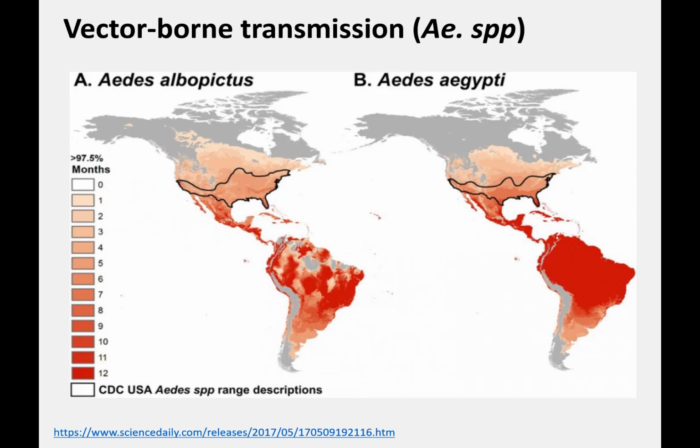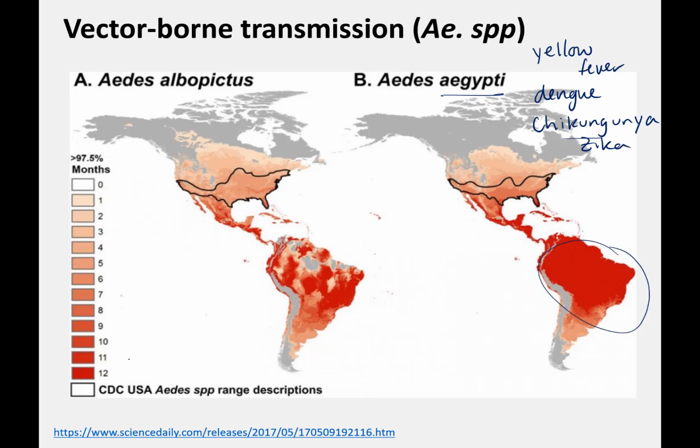This picture is to show you the range of some of these different mosquitoes in North and South America. So Aedes aegypti, which is known for transmitting yellow fever, dengue, chikungunya, and Zika, right?